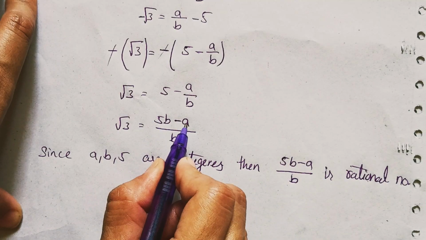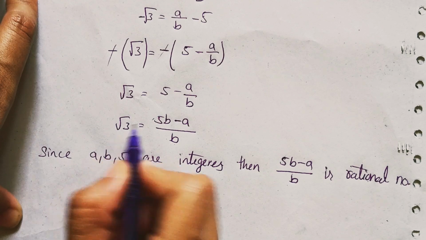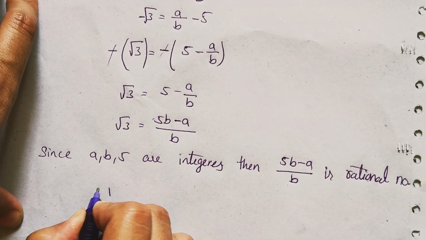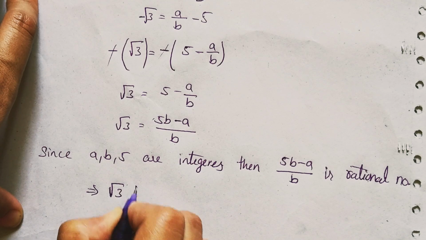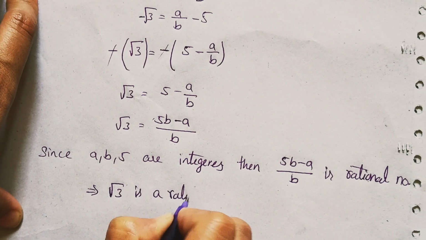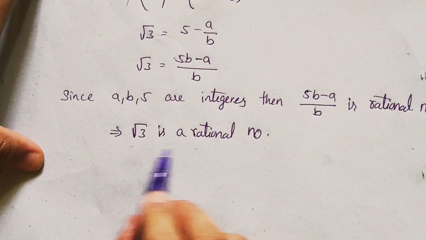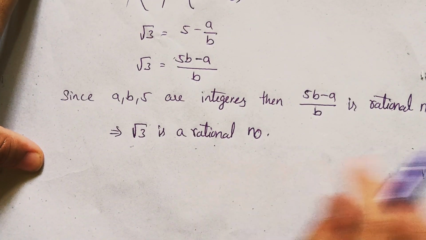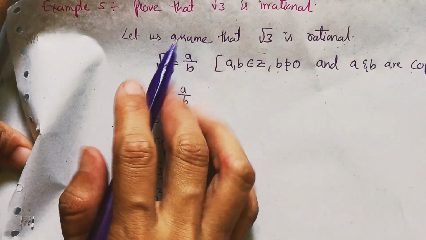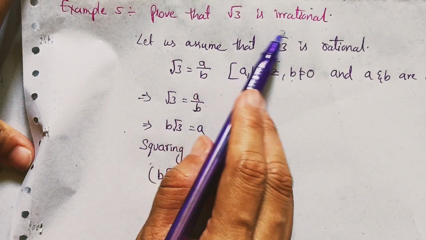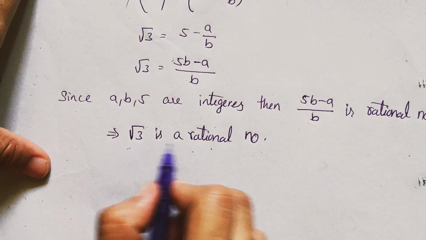If 5b minus a by b is a rational number, then root 3 also must be a rational number. That implies root 3 is a rational number. But this is false. What we have proved in the previous theorem, example number 5, is that root 3 is irrational. We have proved that root 3 is an irrational number, so this is false.